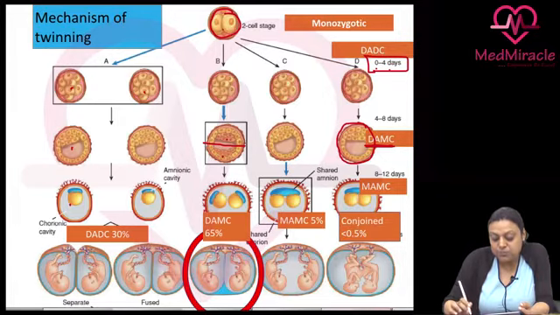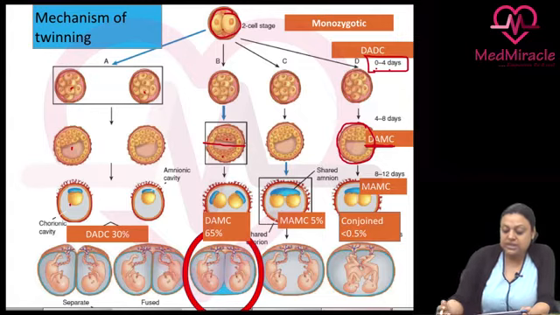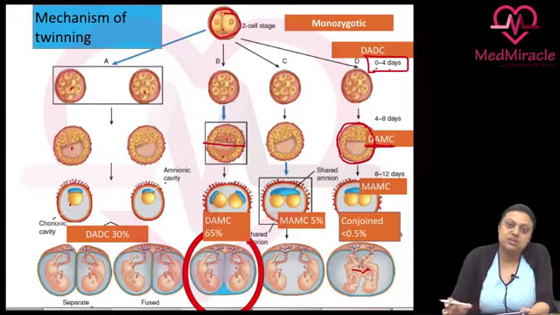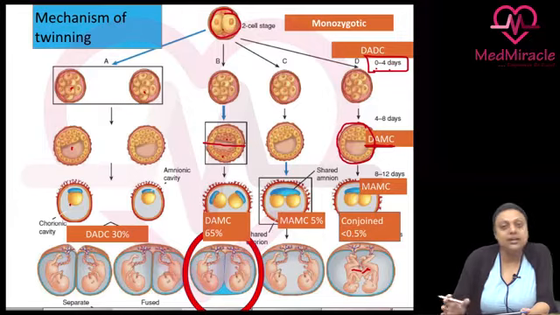So it becomes monoamniotic monochorionic. Then further, if the division takes place after 12 days, then it is a conjoined twin. That is, the twins will be joined at one or more places.